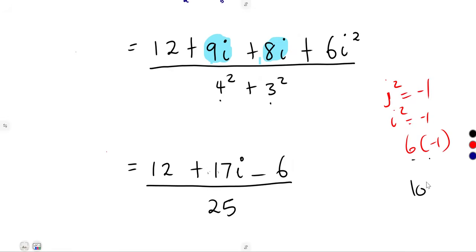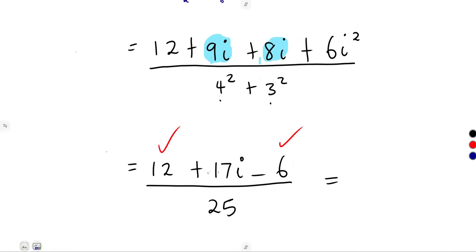Or you can just write 16 plus 9, no problem. So with this, we can combine the numerator again, because we have like terms here, the 6, the 12 and the -6. So 12 minus 6 is positive 6, plus 17i, everything over 25.